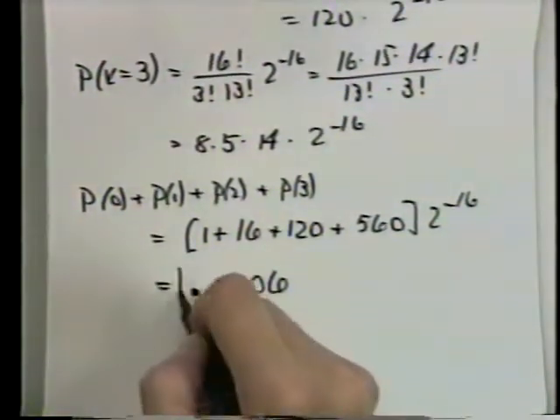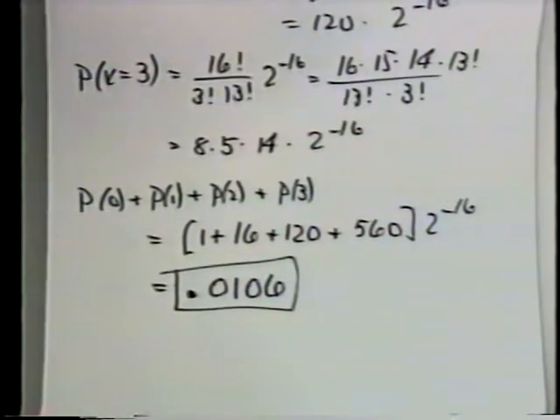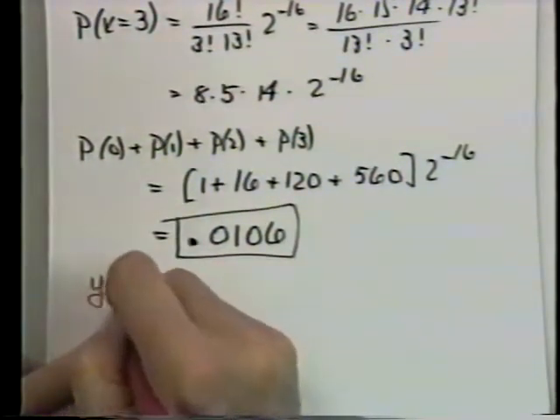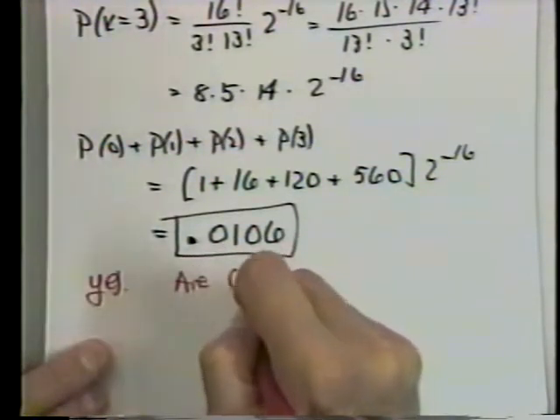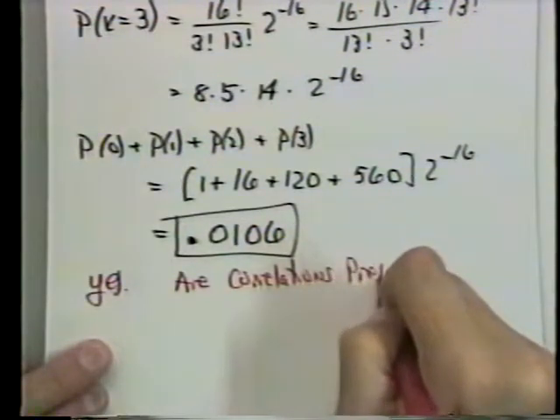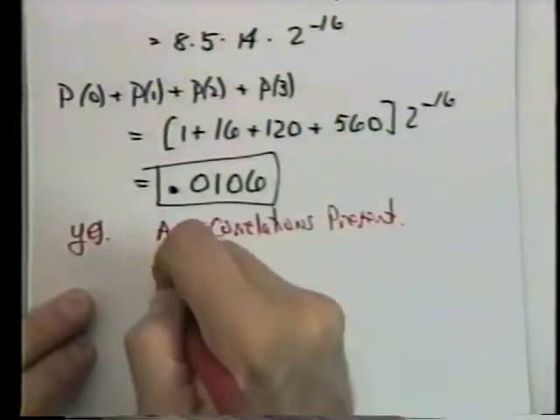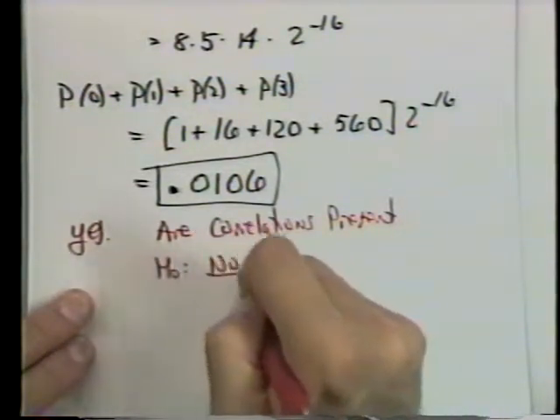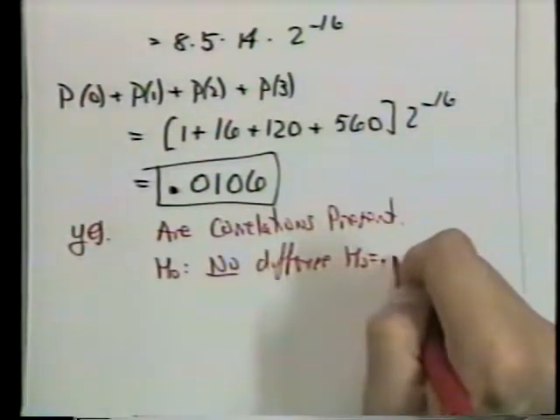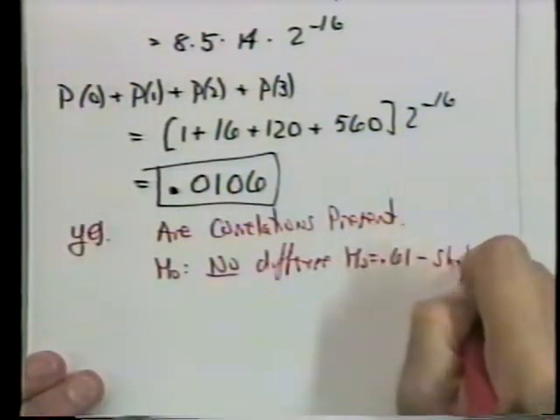So what is the conclusion here? Are the correlations present? Yes. Again, it's useful not to lose track of the tests that we're trying to do. The question we're asking is, are correlations present? And the way we're asking that is we're testing the null hypothesis that there was no difference between our h equals 0.61 and the shuffle data.